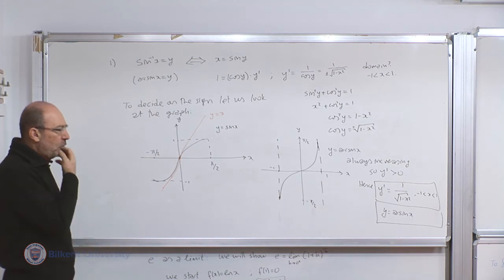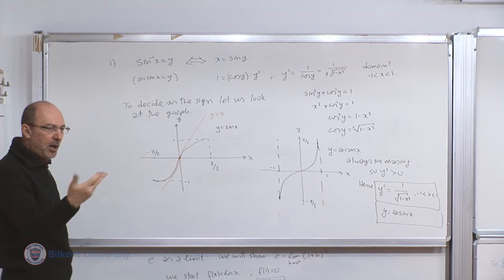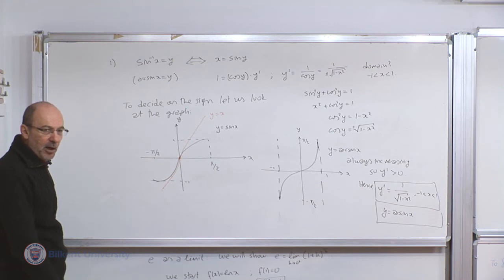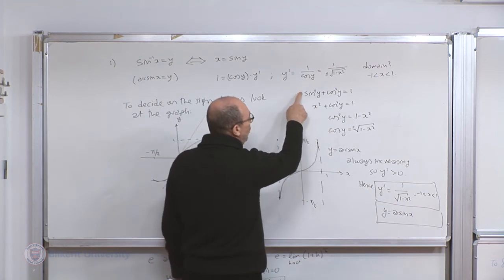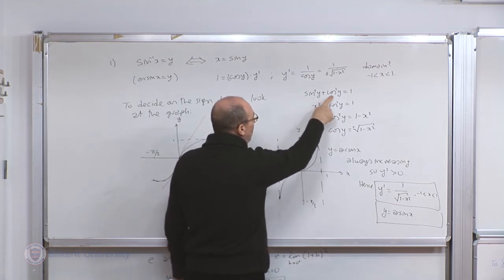We can also do the same thing for cosine, but before you do calculation, you should always stop and think for a few seconds to decide what you expect. We don't expect a different formula. We expect a similar looking formula because this formula was derived from this equation. I solve for this.